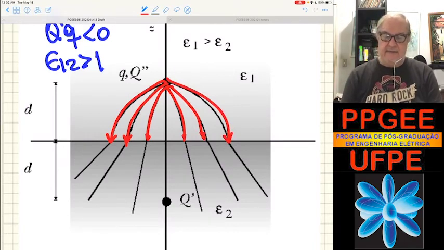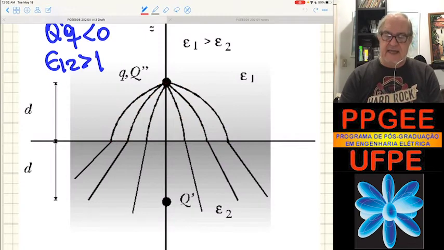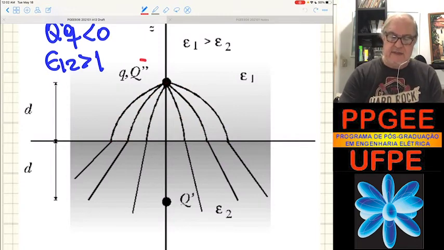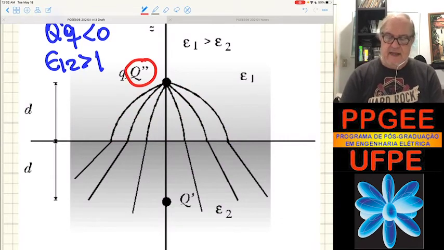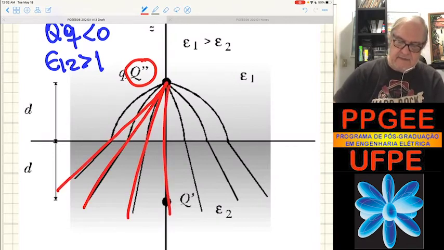On the other hand, the solution in the lower hemisphere is that due to a fictitious q2 prime here, which is always the same sign, and it's as if the field lines were like this. See?